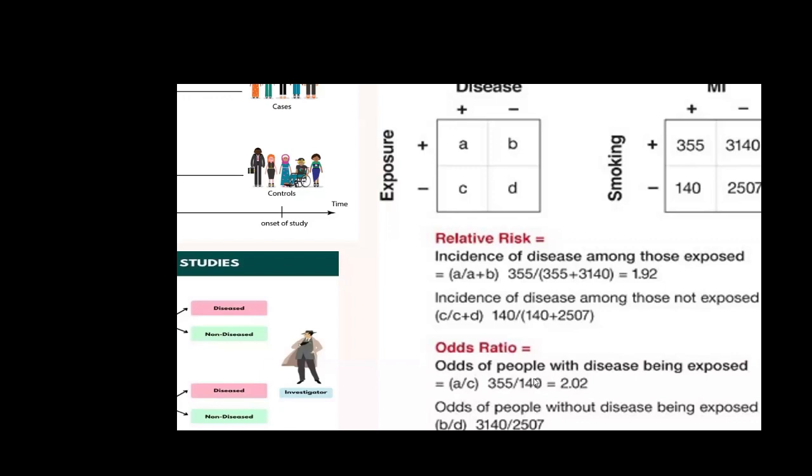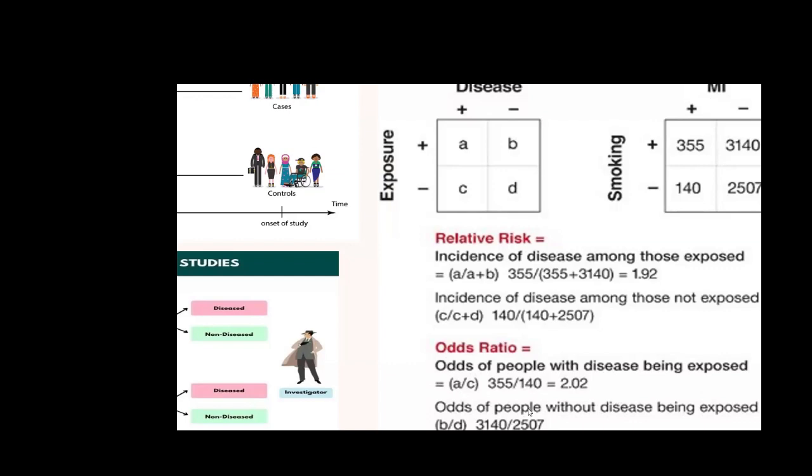On the other hand, we find the odds ratio. For the odds ratio, we know about the MI, and then we go back to see which persons with MI are smokers and which are non-smokers. So the odds ratio is equal to the odds of people with disease being exposed divided by the odds of people without disease being exposed.